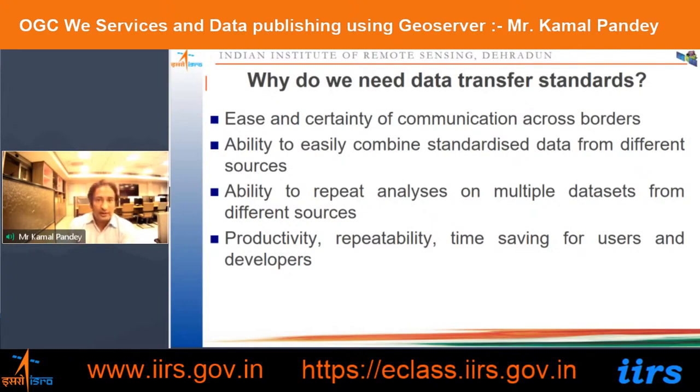This is one very important aspect of interoperability, which requires data standards. Then, the ability to easily combine standardized data from different sources. I already told you in the first class that data is coming from different sources and they have different formats. Combining them together is a huge task.